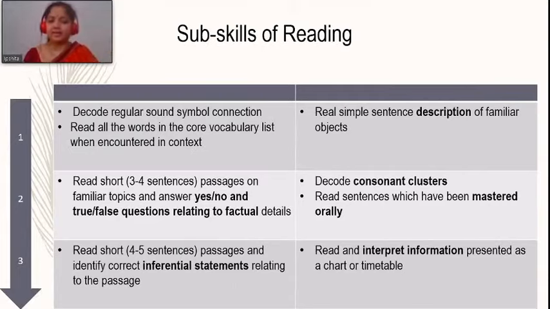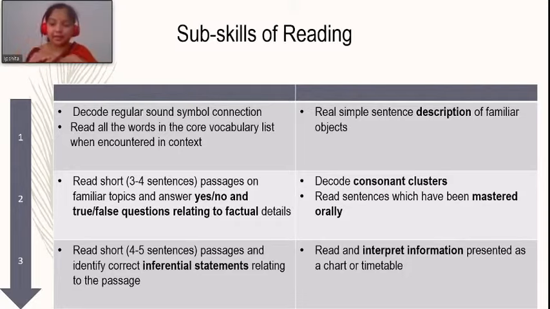So we can again see that in level 1, students can decode the sound and symbol connection, and as they move forward, they are able to do more difficult things with the text. For example, interpret information. They read a text and they put it in a table format. This is a much complex skill. Or they read something and they infer the meaning.